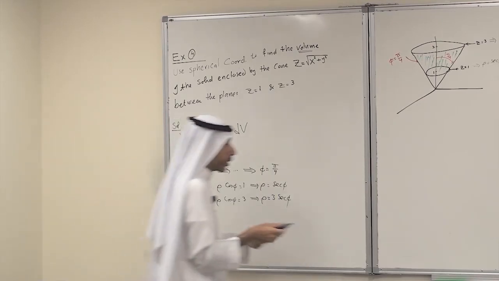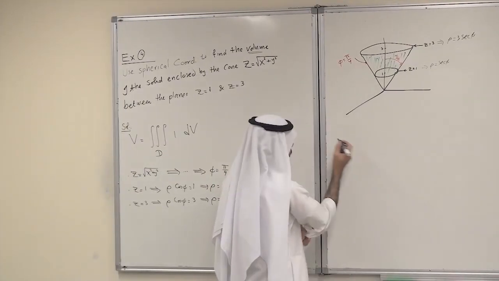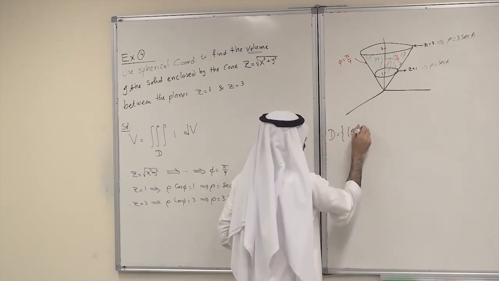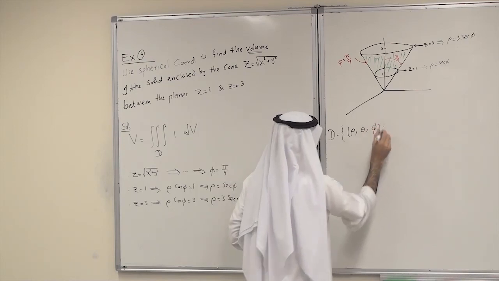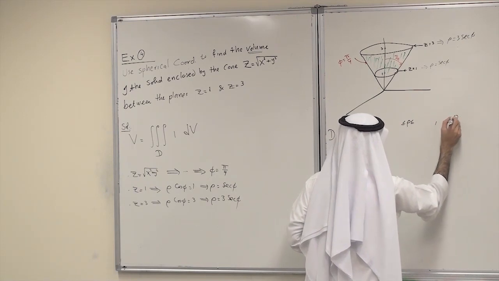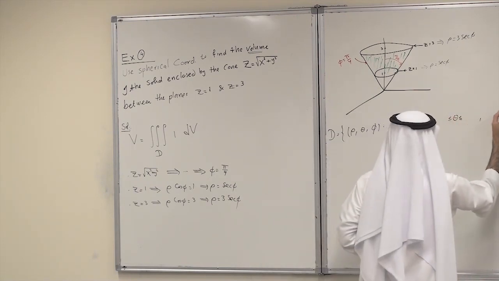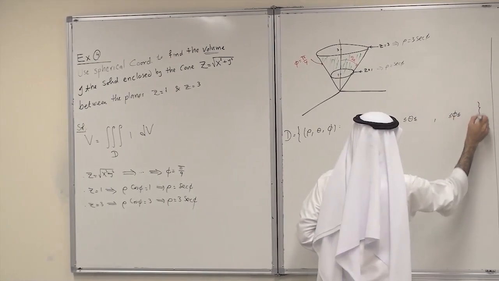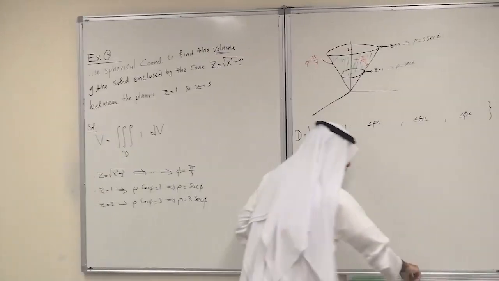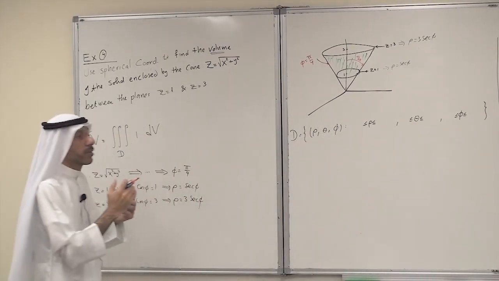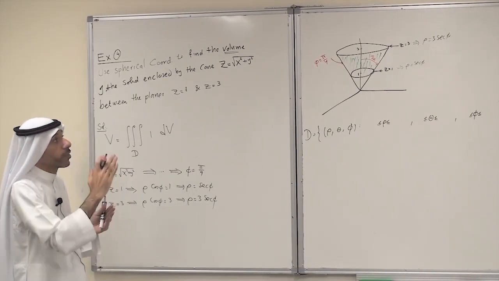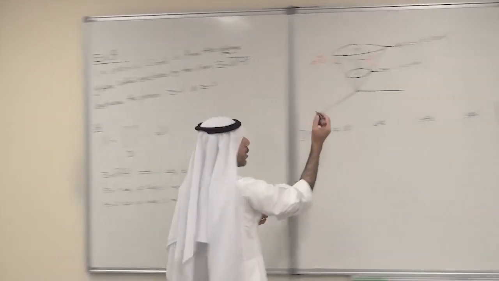We need to describe the solid in spherical coordinates. So this is the set of all points rho, theta, and phi. Rho between what and what, theta between what and what, and phi again between what and what. For rho, as usual, we take a ray from the origin. Where we enter the solid is the lower limit for rho, and where we leave the solid is the upper limit.